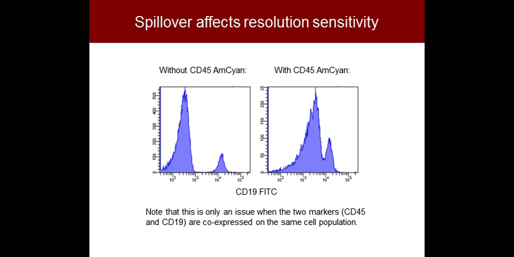So, a very important rule about spillover is that when you are forced to use two channels that have a lot of spillover between them, try to use them for mutually exclusive cell populations, and then you won't have much problem.